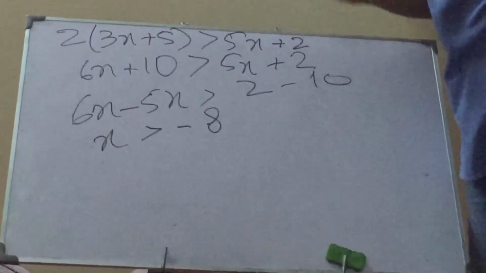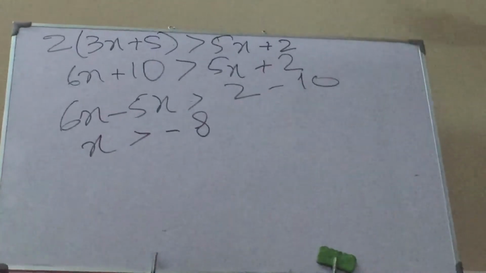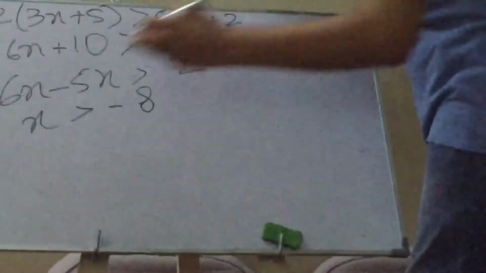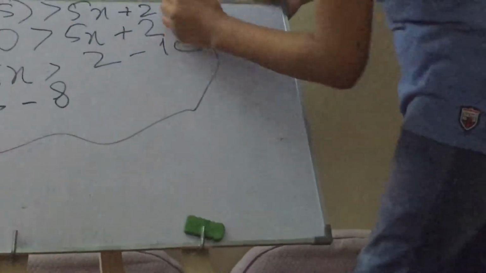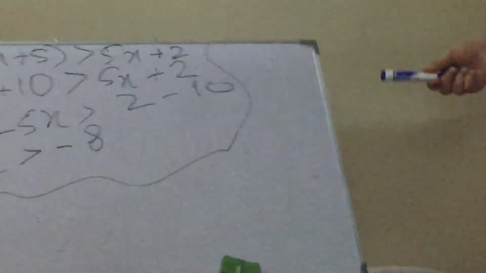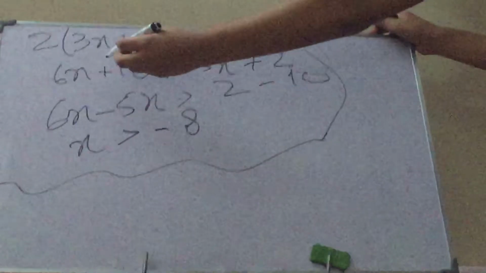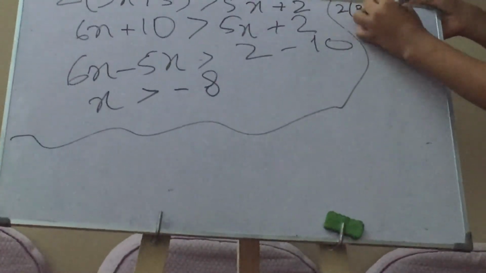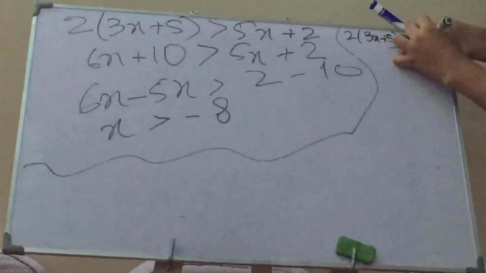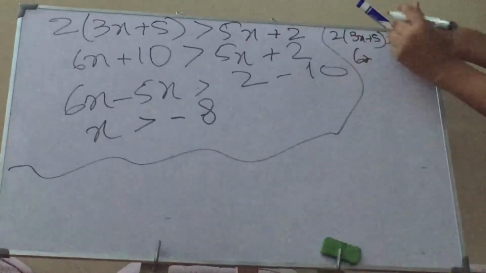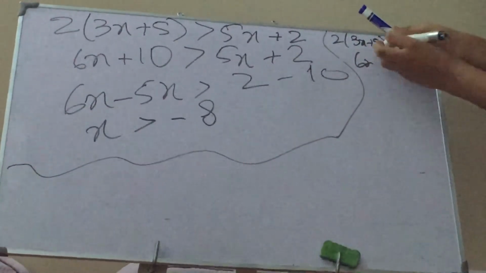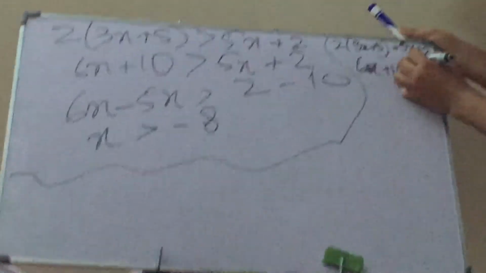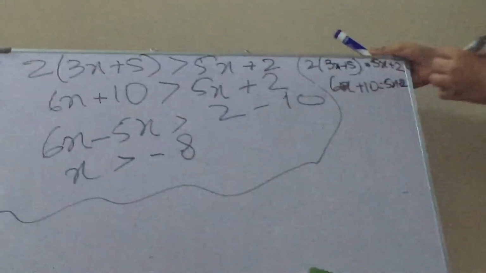Guys, if you have a problem that if I solve this, you could not understand my answer, then just make a column in between this, and with a pencil write the whole sum with the equal to sign. Like 2 times 3x plus 5 and 5x plus 2. Let's make this the sign of equal to. 6x plus 10 is equal to 5x plus 2.